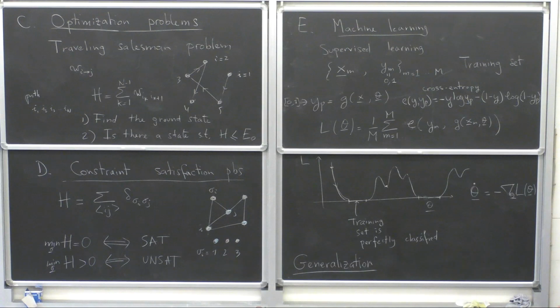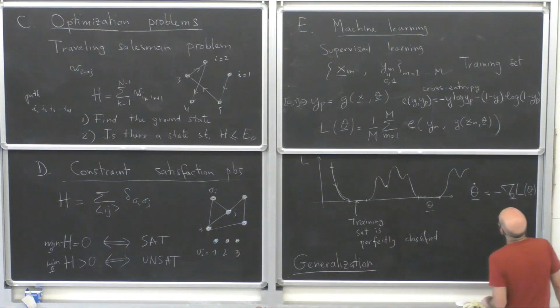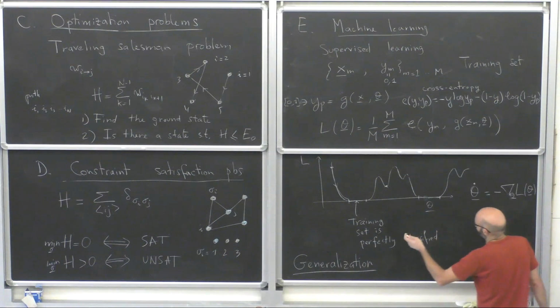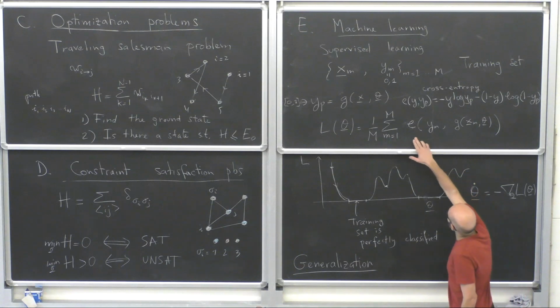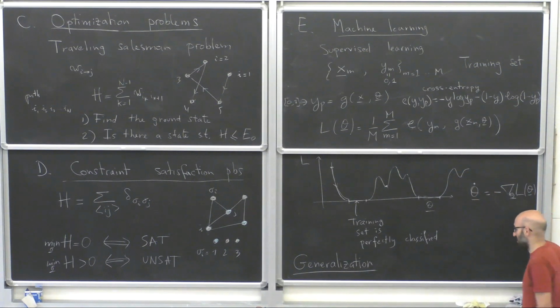So what you typically do is that you generate new data, and you check what is the average error that you make on the new data.